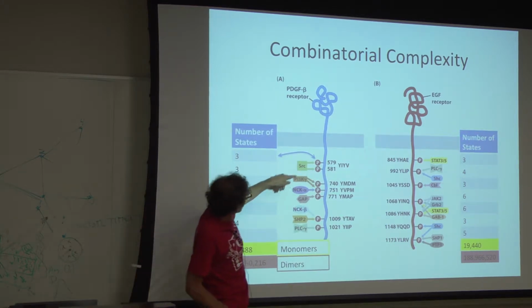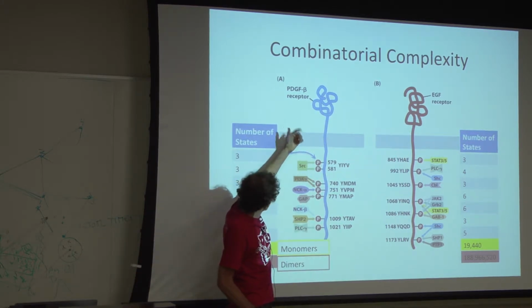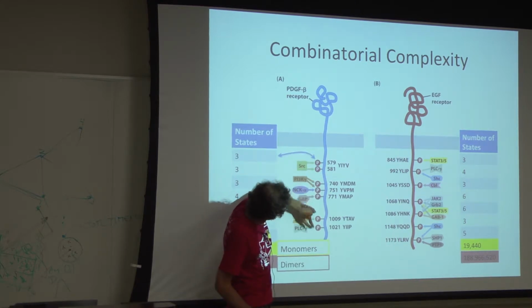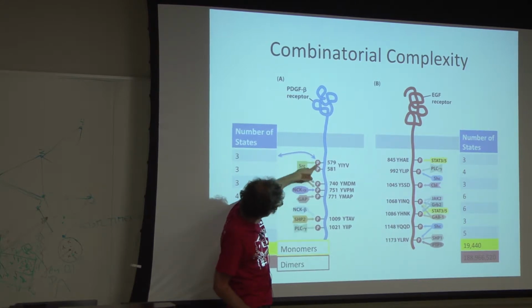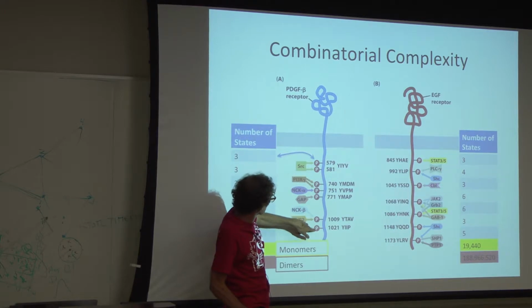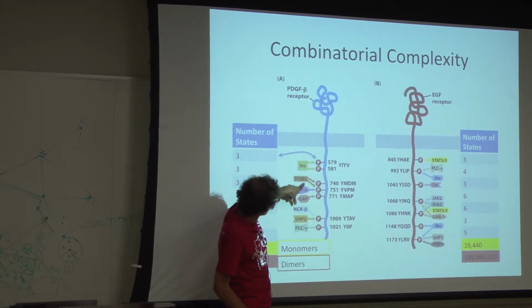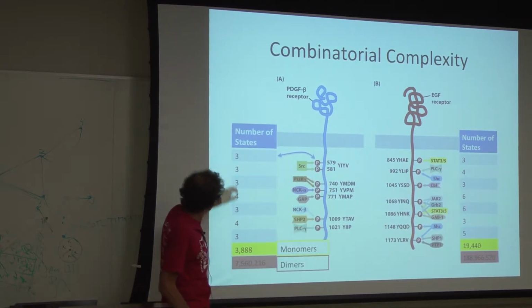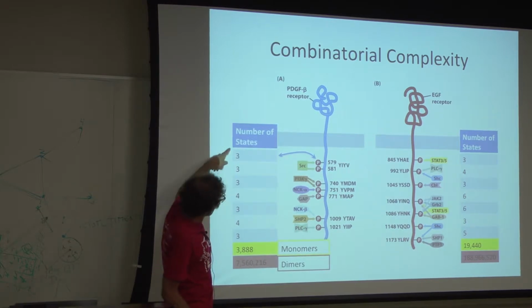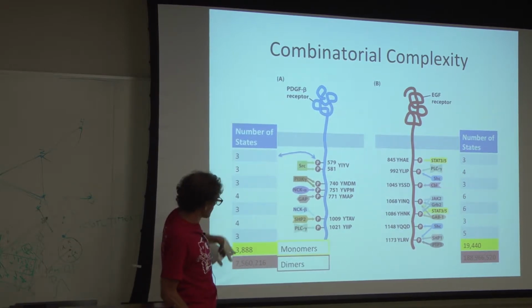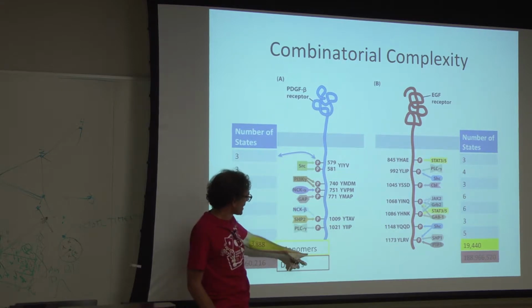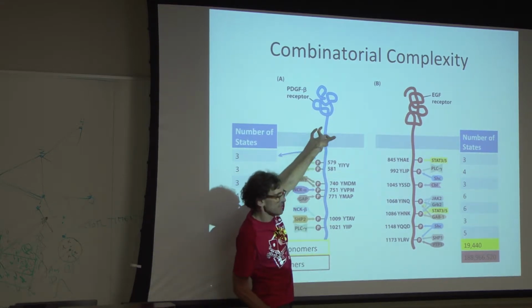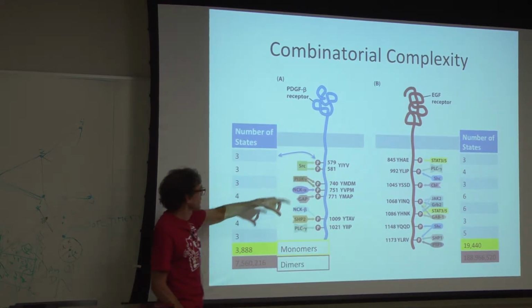For the PDGF receptor, for example, there's 7 phosphorylation sites, so there's 2 to the 7th different phosphorylation states of the receptor. But because you can bind at least 1 protein at each of those sites, you have at least 3 or 4 states at each of them, and you get 4,000 different monomer states. All of these receptors are active as dimers, at least at a minimum.